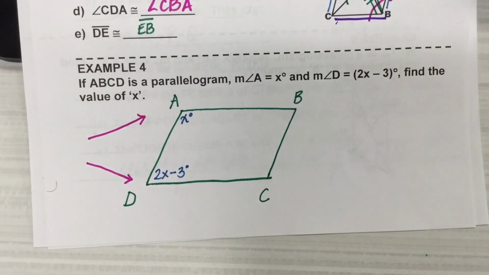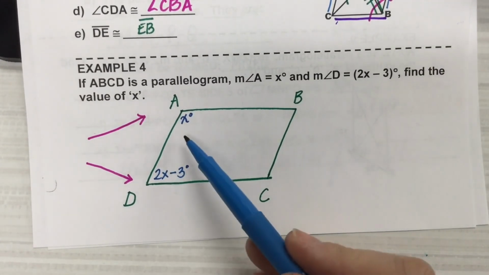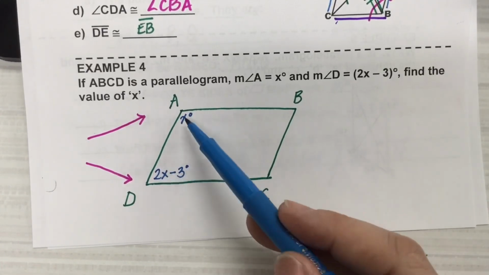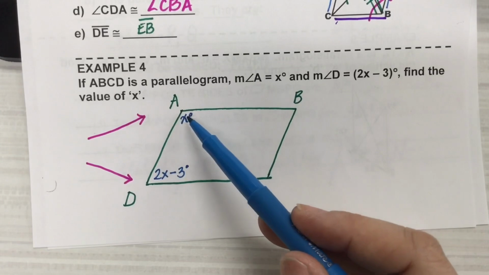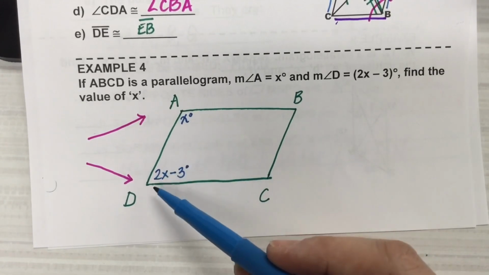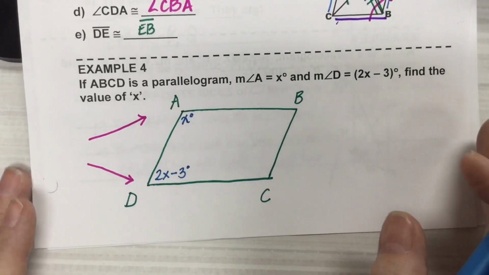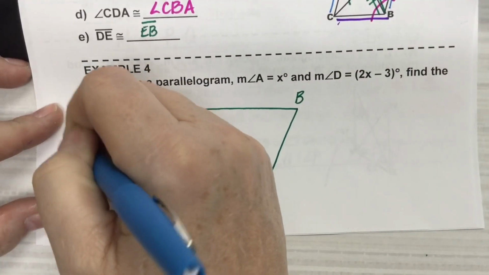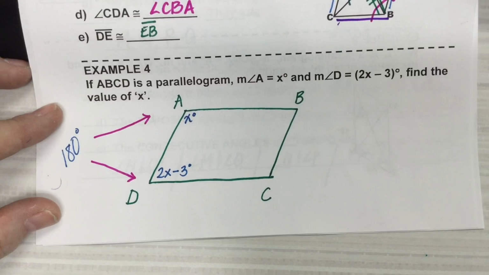Well, we notice that we're given the measure of two angles that are right next to each other. ABCD starts and ends with these two. And right next to each other, those are called consecutive angles. And what do we know about consecutive angles? They are supplementary, so they should add up to 180.